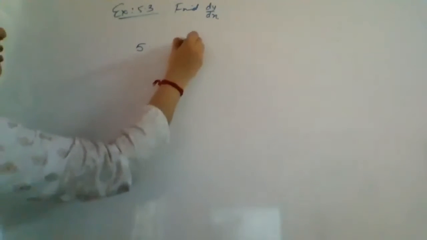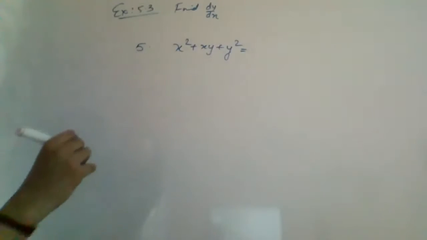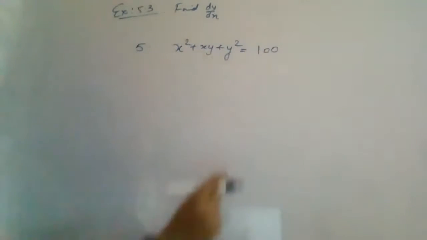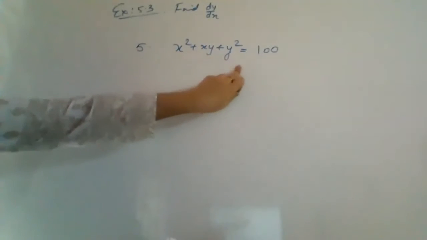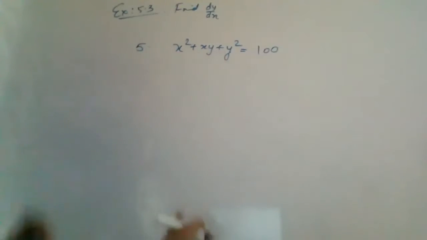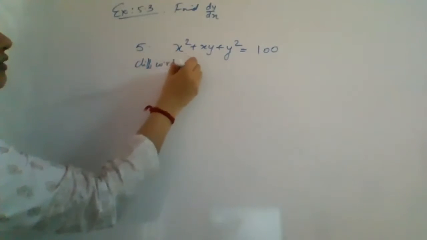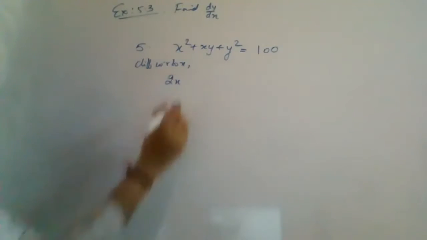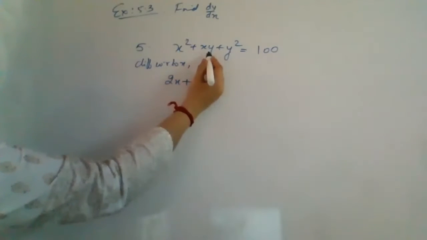Fifth one, x square plus xy plus y square is equal to 100. Now for this, here you have y, here you have y, that means 2y dash you have. Differentiating again with respect to x will give you 2x into derivative of x, 1, plus again xy is a product of two functions.